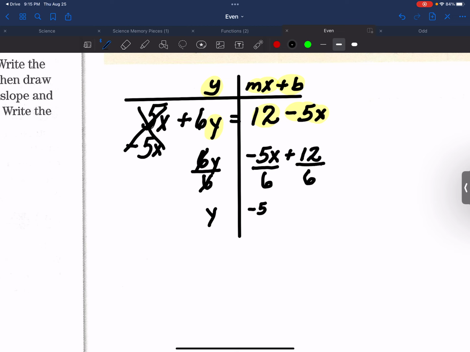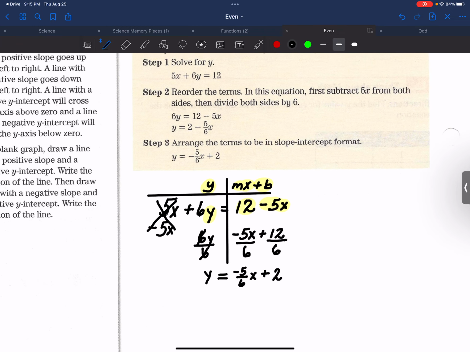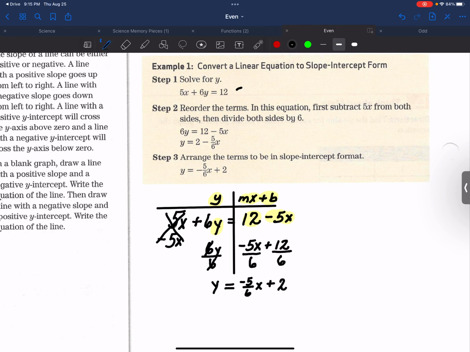Slope is negative 5/6 x, and 6 into 12 is 2. And that is the equation in slope-intercept form. Now remember, in the last unit we talked about it's the same equation, it's just wearing a different outfit. That first one they gave us up here, this was in standard form.